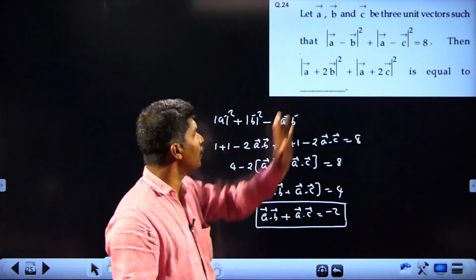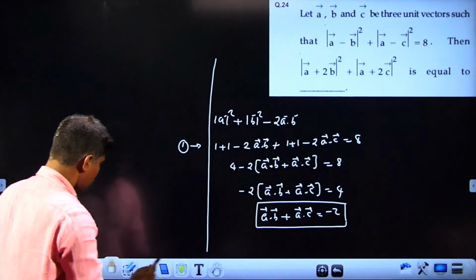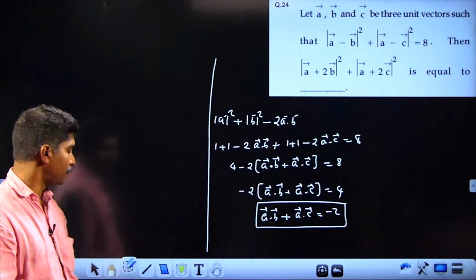And here, in the second part, what you have to calculate is the value of the second expression.